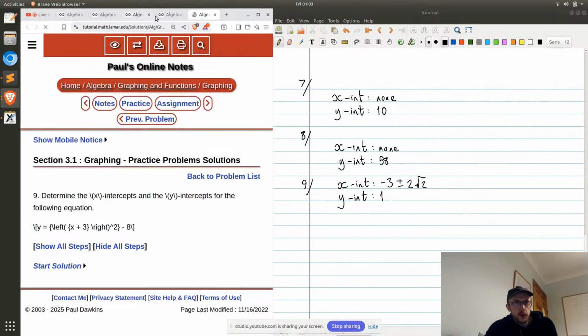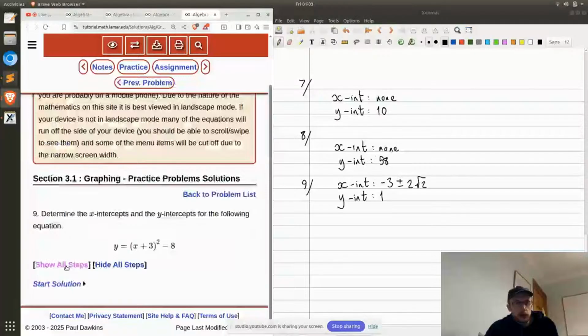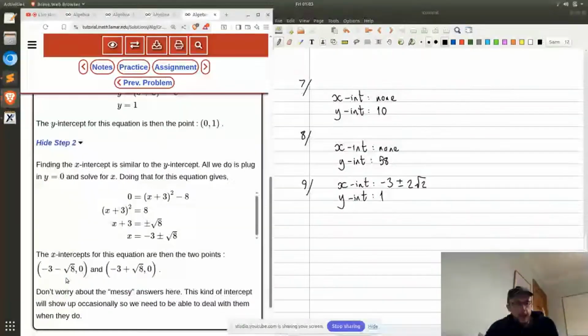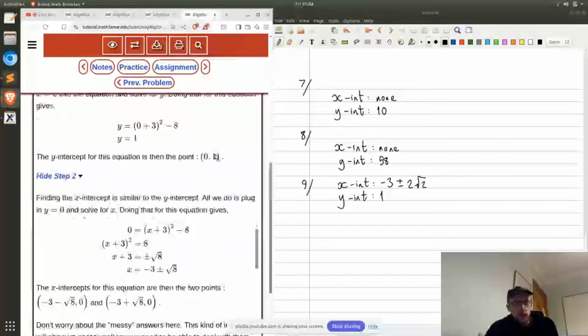Okay. No x-intercepts. That's good. And for 58, so we're in agreement. -3 minus the square root of 8, which is 2 root 2. So that's nice.